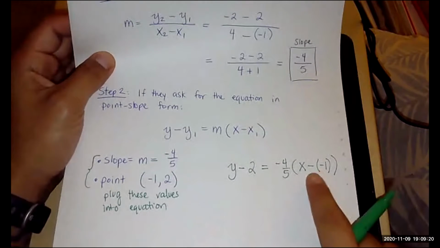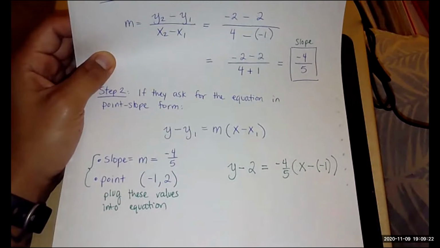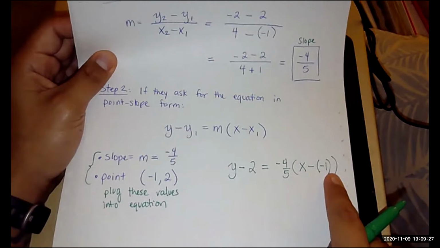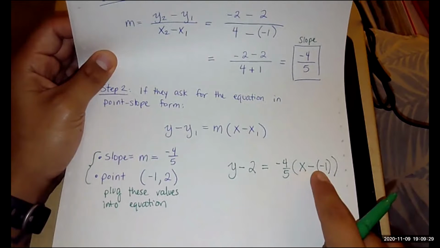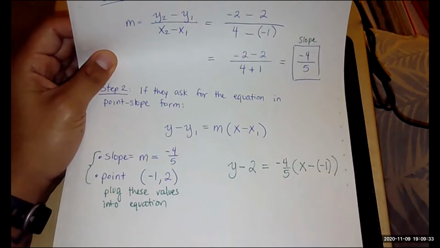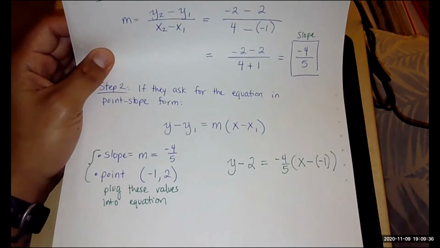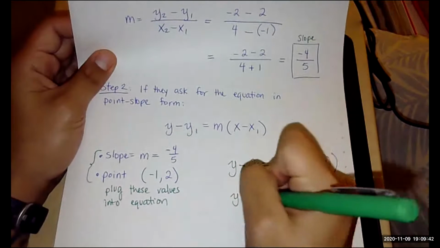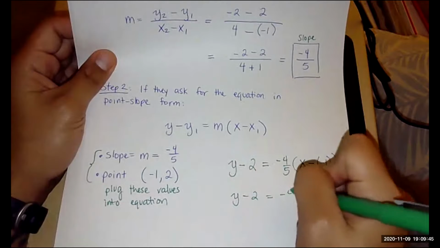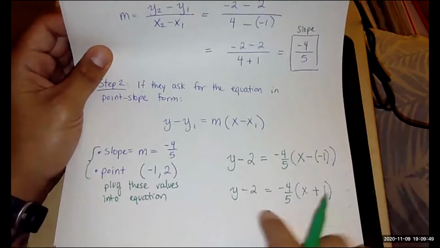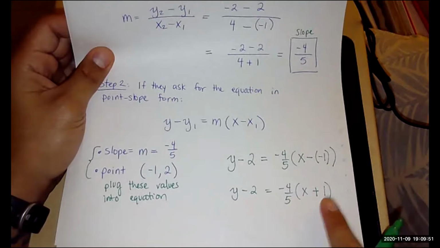Okay, so anytime you have a minus and a minus, in order to simplify that, because Hawks won't accept this. Hawks will expect you to simplify it just a little bit further. But whenever you have a minus minus, you're going to need to change that into a plus because it just makes more sense. It's simpler to just say plus instead of subtracting a negative. So y minus 2 is equal to -4/5 times x plus 1. And that is the equation of the line.